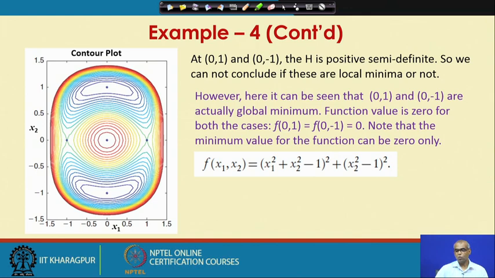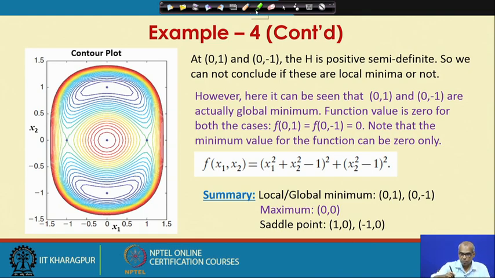So, points 0 1 and 0 minus 1 are actually local minimum as well as global minimum, but we cannot show that the Hessian matrix is positive definite here. However, by the analysis of the contour plot, we can conclude that they are local minimum as well as global minimum.